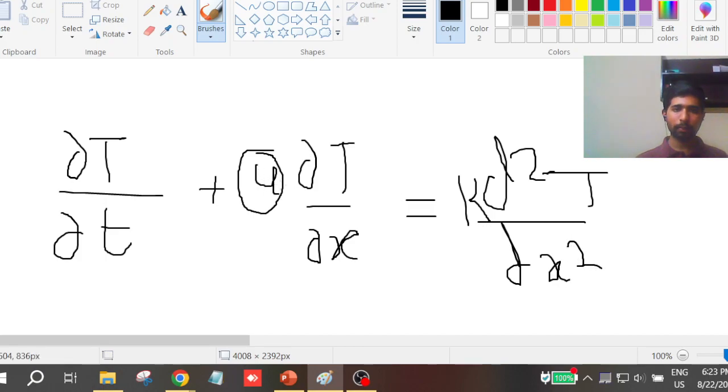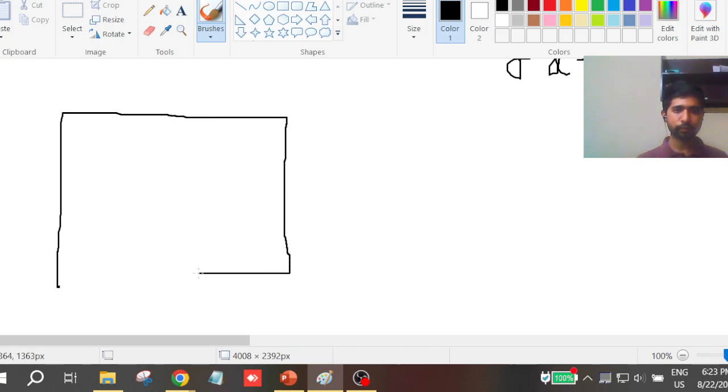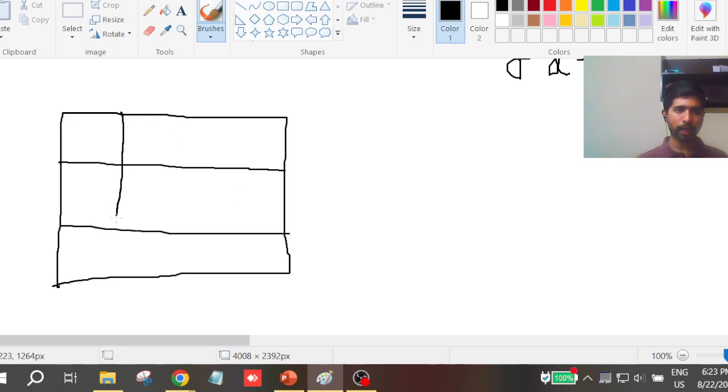Now typically what we do in the finite volume method is we generate something called a control volume. Within our domain, say this is my square domain, I divide it into three equal blocks in the y direction and three equal blocks in the x direction. Now this particular small red square is a control volume.